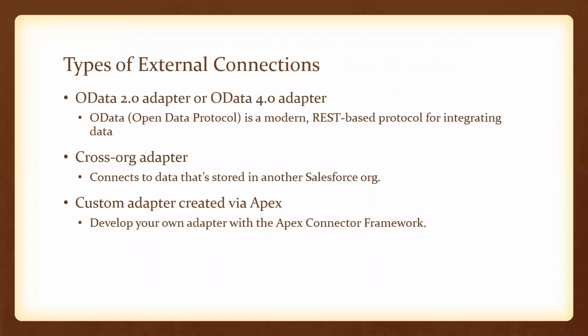So I said we can connect external objects to different external systems. How can we connect? We have three kinds of external connections. One is the OData 2.0 adapter or OData 4.0 adapter. OData is an open data protocol. It's a REST-based protocol.